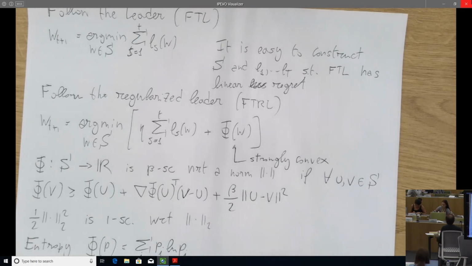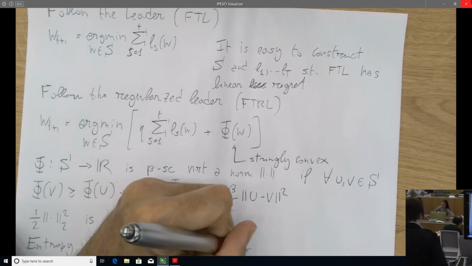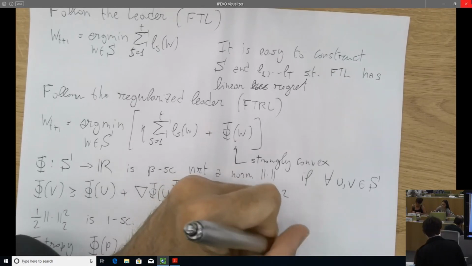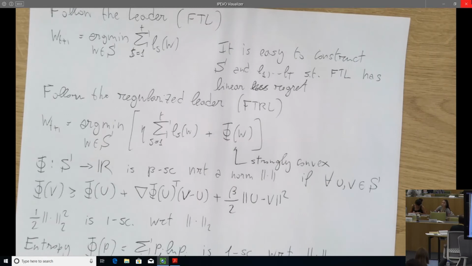Because the entropy is concave, so I have to take minus to make it convex. And this is actually one strongly convex with respect to the one norm. So it satisfies this inequality over here with respect to the one norm, with beta equals 1. Okay, why is that interesting?